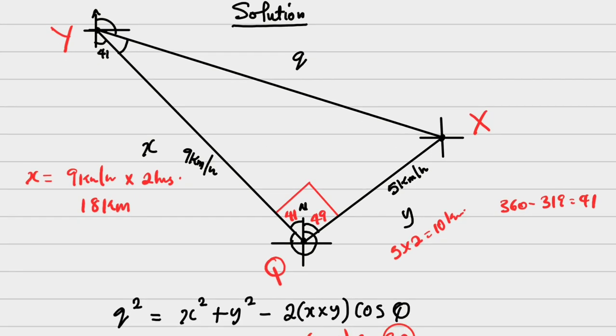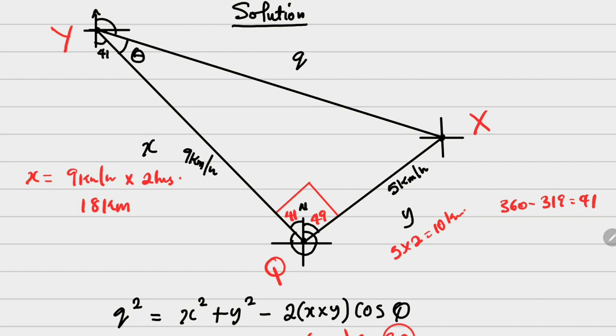Now, to find that angle, we are going to use the sine rule. But in this case, since it is a right-angled triangle, we are going to use SOHCAHTOA. So to find that angle, I'm going to use my opposite and adjacent according to this diagram. So let's say this is theta.